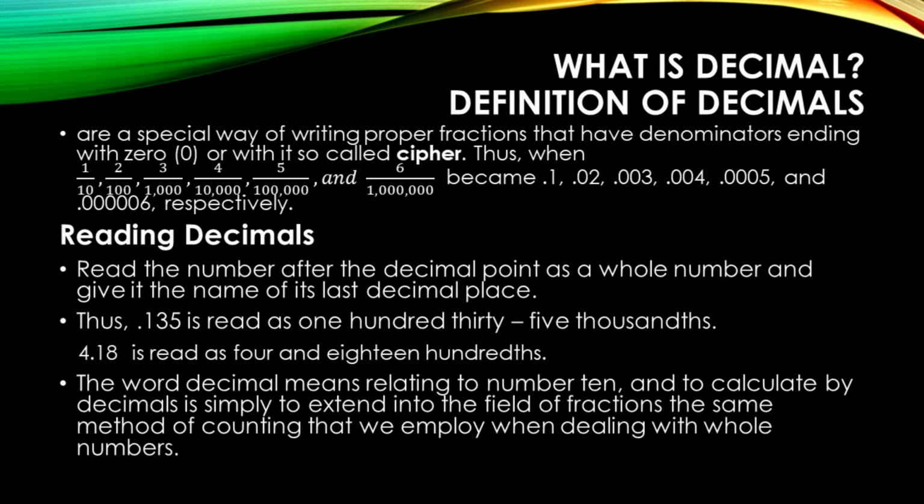Thus, .135 is read as 135 thousandths. To calculate with decimals is simply to extend into the field of fractions the same method of counting that we employ when dealing with whole numbers.